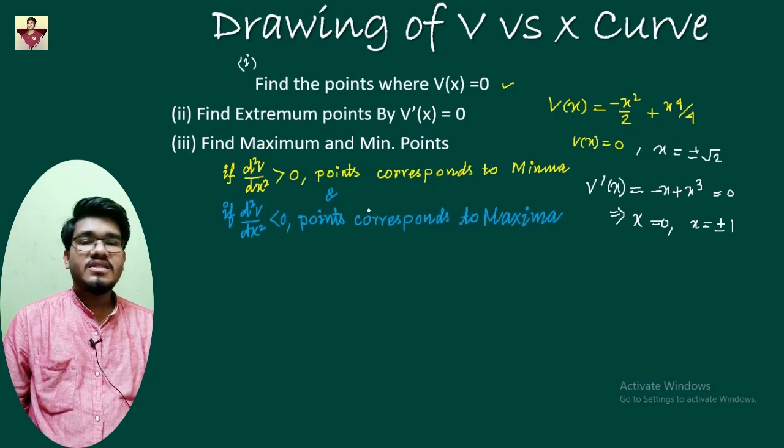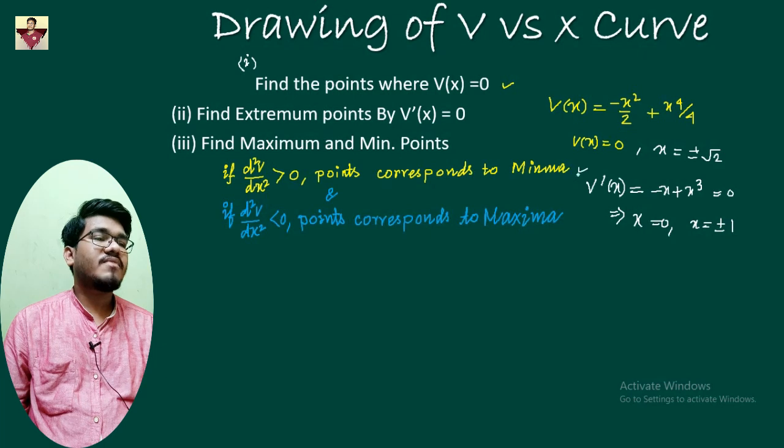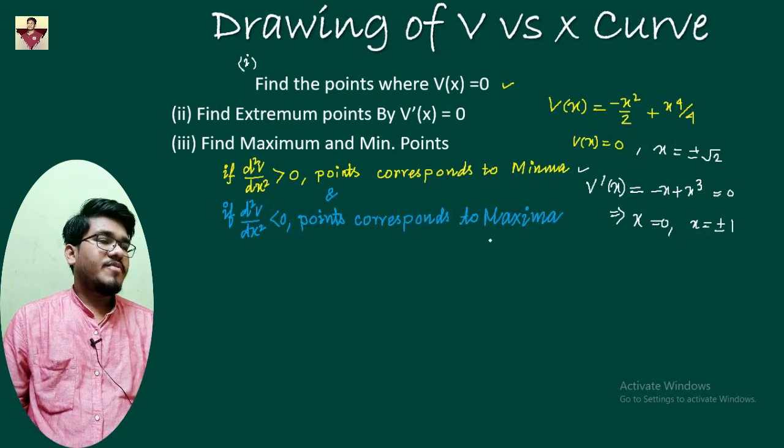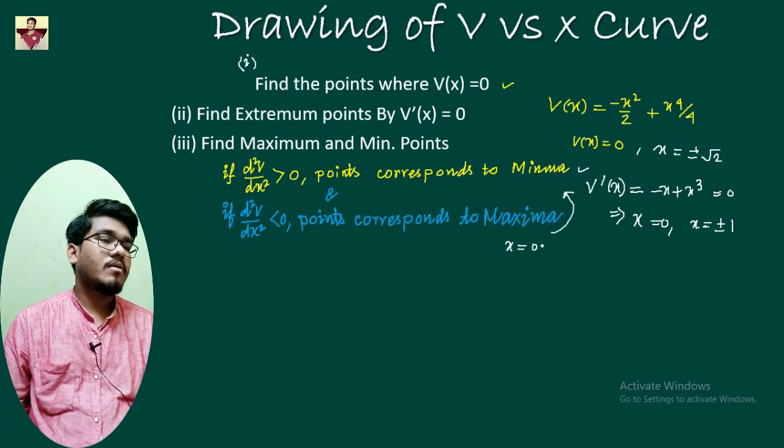Now you need to find which is the minimum or maximum. The condition for a minimum is that the second derivative of the potential is greater than 0, and for a maximum the second derivative is less than 0. If you check this condition, you will find that x equal to 0 is a point of maxima and x equal to plus or minus 1 is a point of minima.